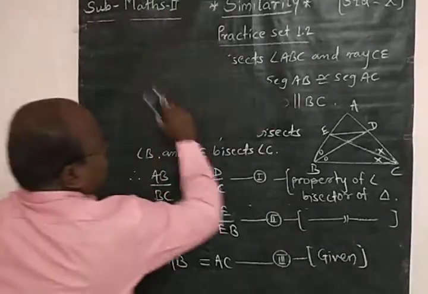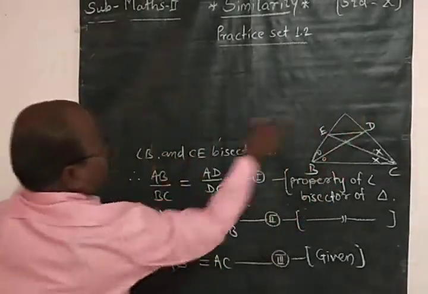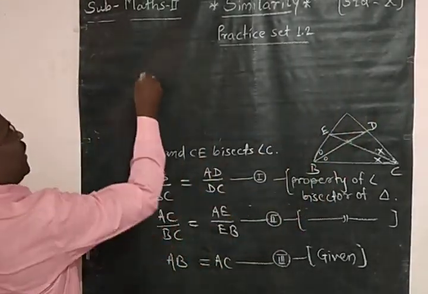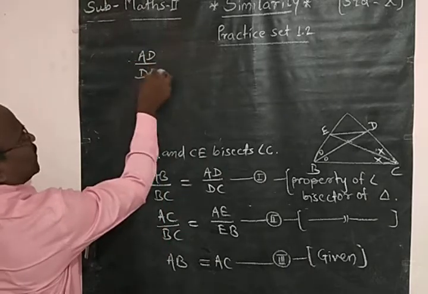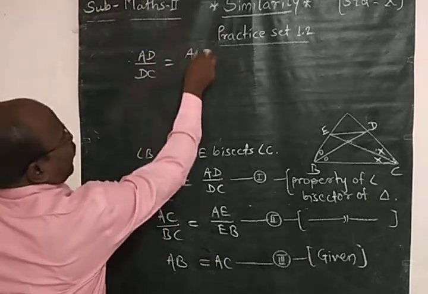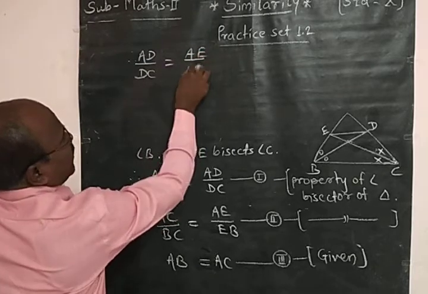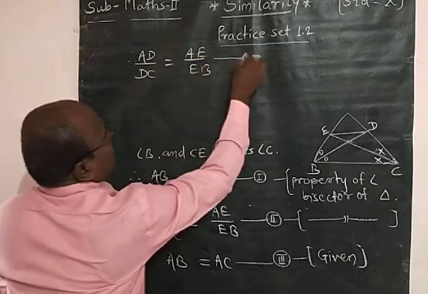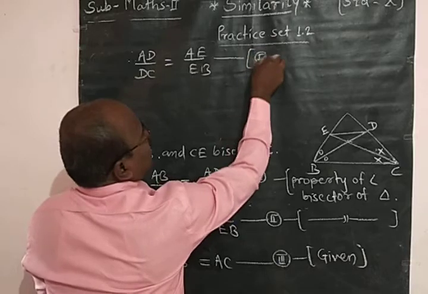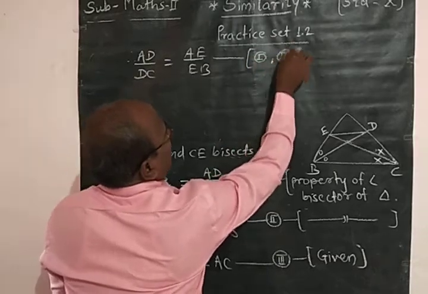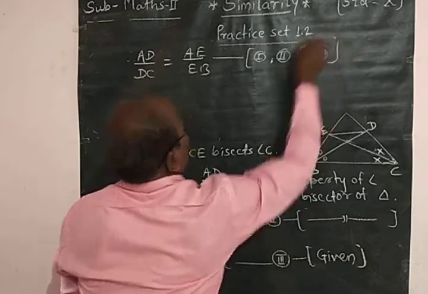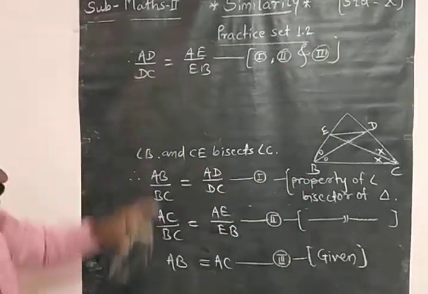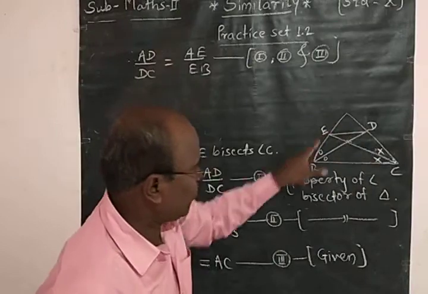So right here, AD upon DC is equal to AE upon EB by using the first, second and third statements. Now look here, AD upon DC is equal to AE upon EB.